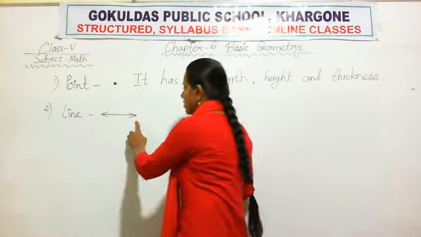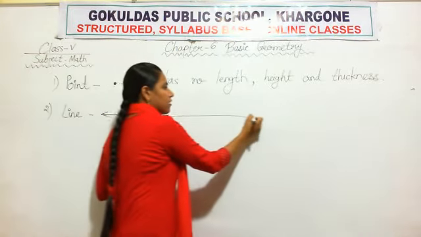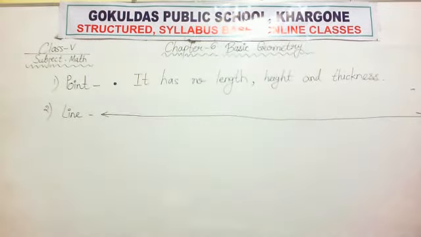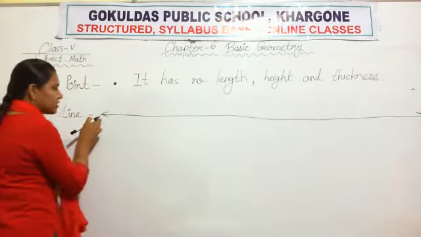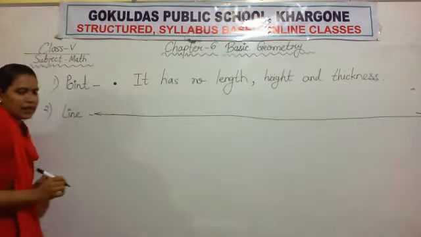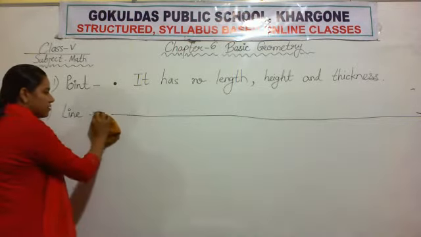This arrow means you can extend this line in this direction infinitely. This arrow also indicates that you can extend this line infinitely. So a line has arrows on both the ends.